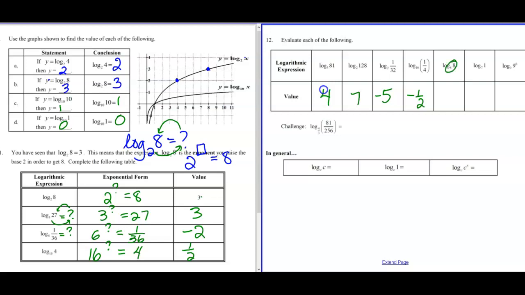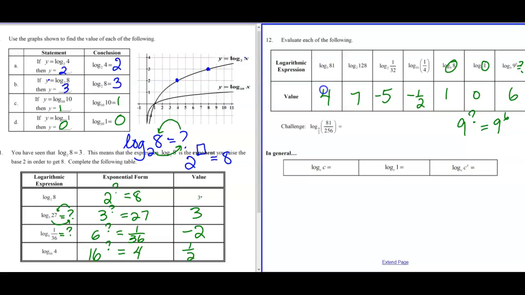If these are the same, it's 1. If this is 1, the value is 0. And this one, do I need to go 9 to the 6th in my calculator? No, because this is saying 9 to the something equals 9 to the 6th. Well, hello, 6.